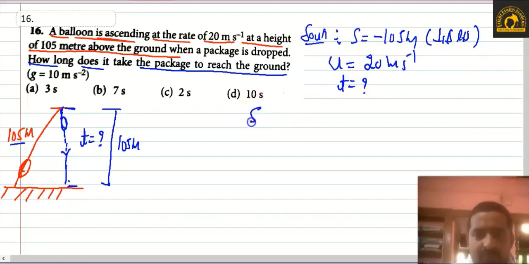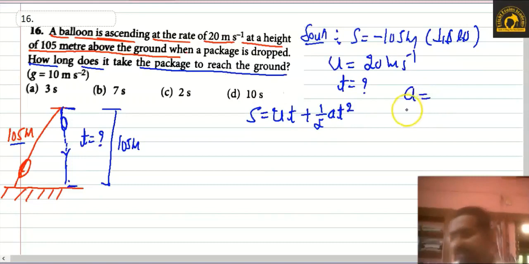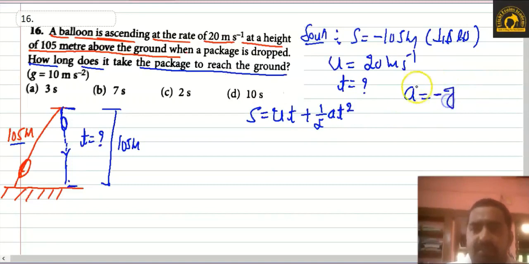We know the formula S is equal to ut plus half at square. Now what about a? Acceleration due to gravity, so a is equal to minus g, downward direction. Upward is positive, downward is negative.